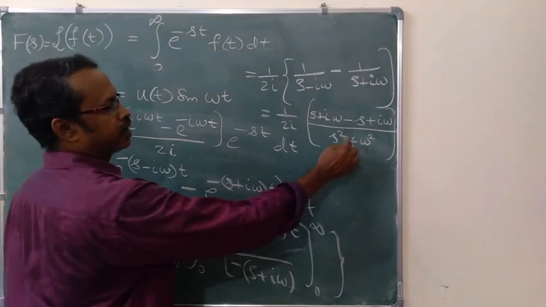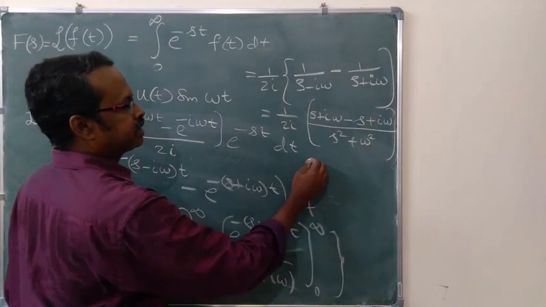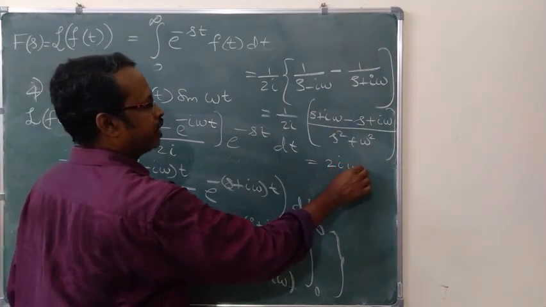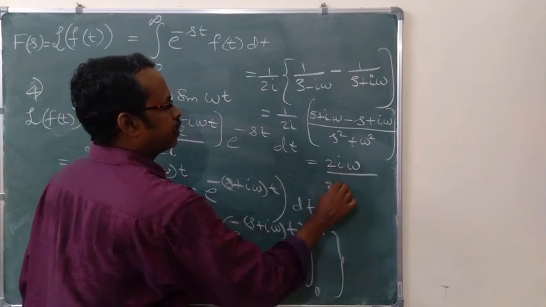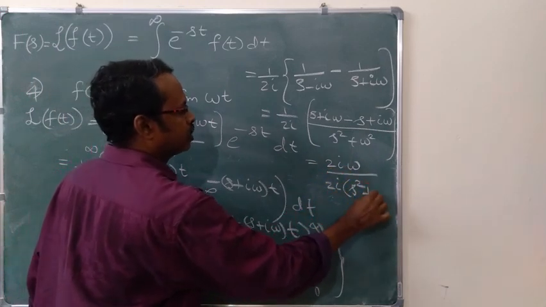So this becomes s square plus omega square. So s gets cancelled, and this is equal to 2i omega divided by 2i multiplied by s square plus omega square.